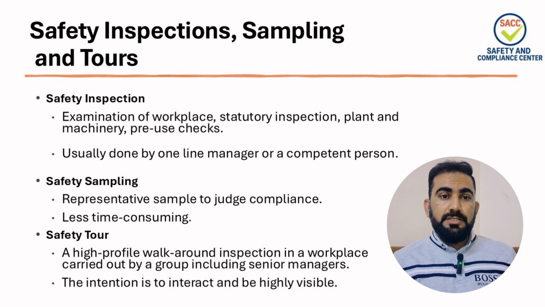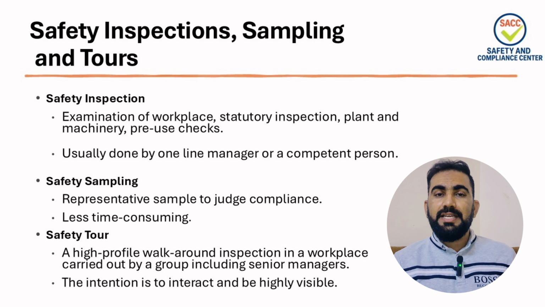Safety inspections involve checking the workplace equipment and machinery, often through a statutory inspection or pre-use inspection checklist, usually done by a line manager or a competent person. Safety sampling takes a representative look at specific areas to quickly judge compliance, making it less time consuming. Safety tours are a high-profile walkthrough around the workplace, led by senior managers, aiming to be visible, engage with the staff, and show leadership in health and safety.